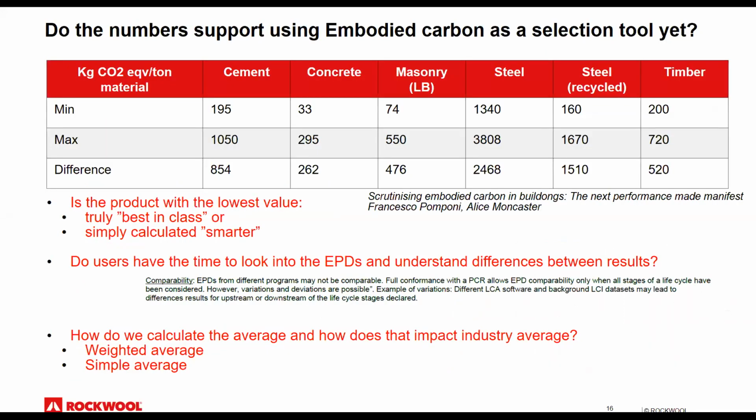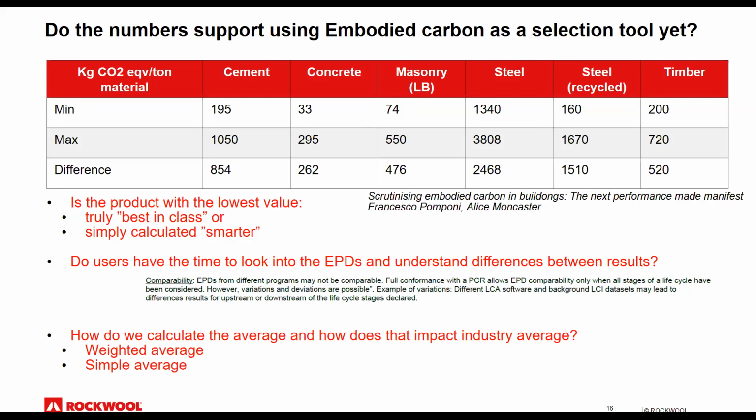If we look at different materials where we look at EPDs, we see big variations between these materials. These are some examples, and what I noticed here which really made me wonder was steel and recycled steel. Given the big variations, you could actually choose a steel material which had a lower carbon impact than a recycled material.